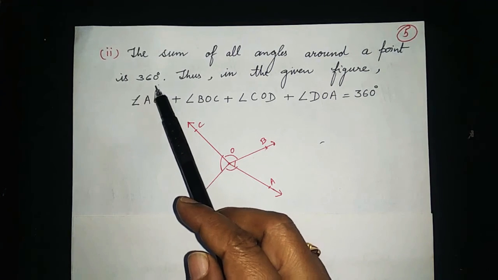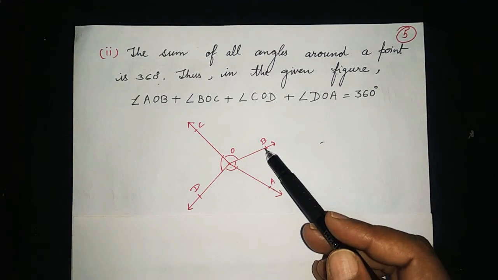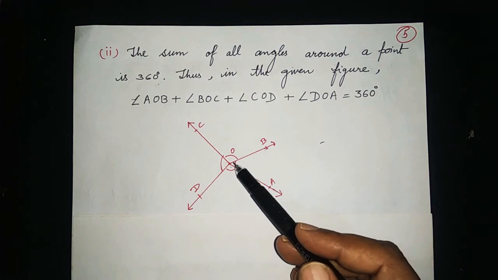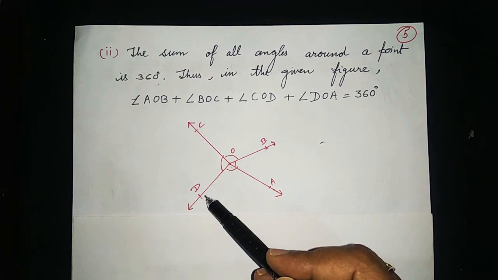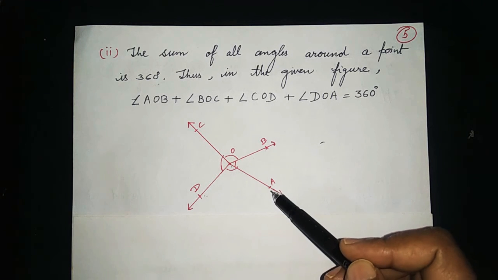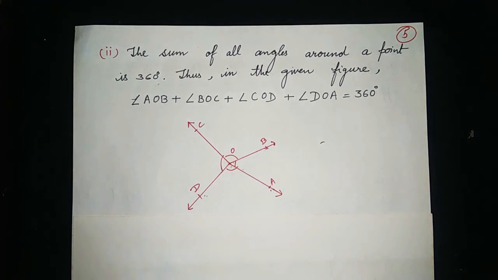So in this figure, angle AOB plus angle BOC plus angle COD plus angle DOA is equal to 360 degree.